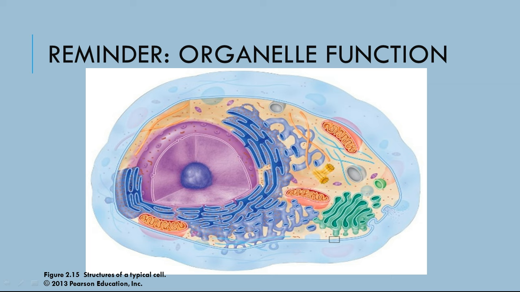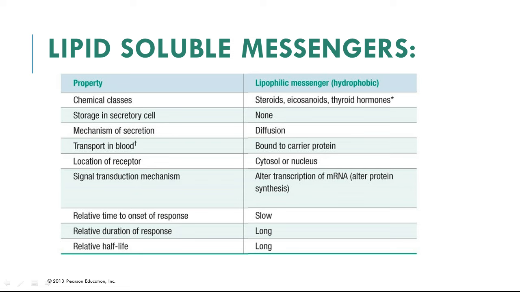Although I'm kind of bombarding you with a bit of information, looking at a molecule, whether it's more hydrophilic or lipophilic, is the more simplistic way to look at it, contrasted to the structure of the messengers. And so I like to look at it this way. If we look at our lipid-soluble messengers, and I should have this for you in your table, so I'll walk through this in order.